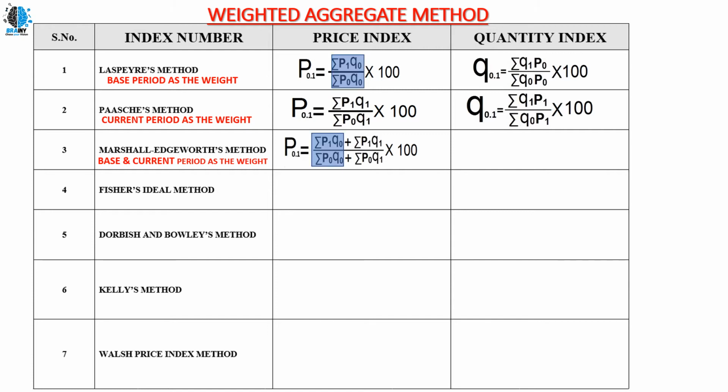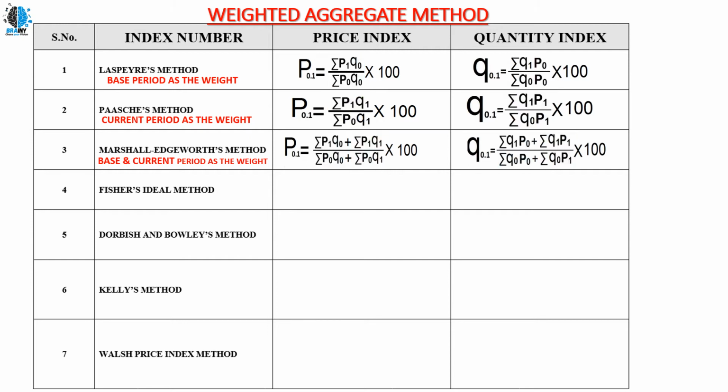As you know, this is the first formula of Laspeyres, so the author has given the weight to the base year first. Next, the author has given the weight to the current year. So the combination of Laspeyres and Paasche is Marshall, right? Next, in the quantity index also the same is a combination of Laspeyres and Paasche. So this is all about Marshall.